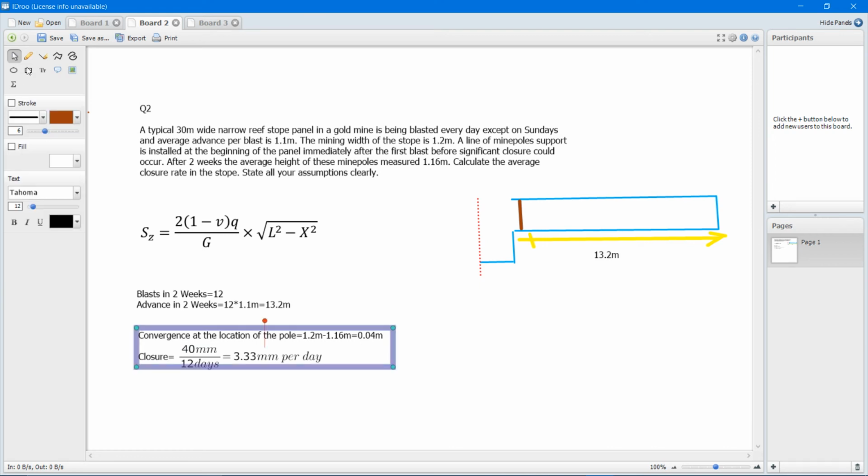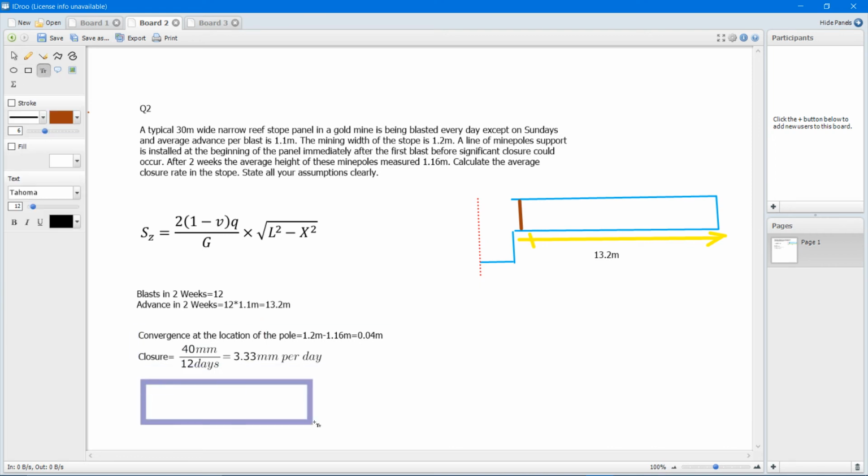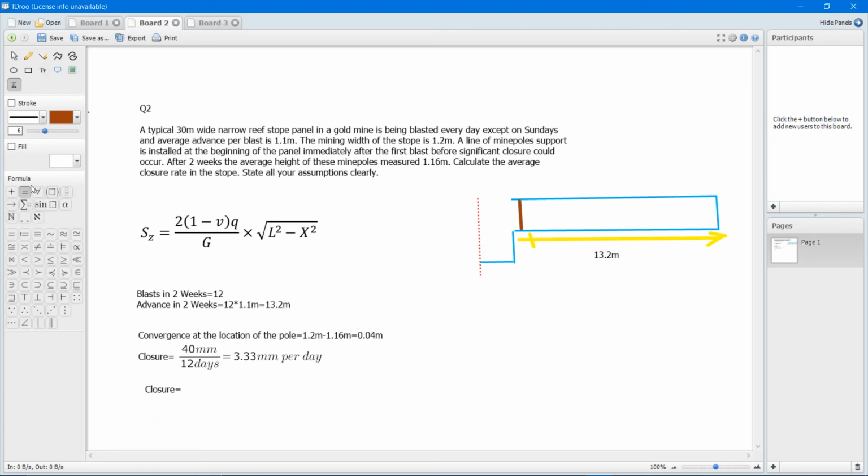So for the sake of being technically correct, you will have to also do a quota calculation in terms of the advance. So we're at 40 millimeters still, and an advance of 13.2 meters.